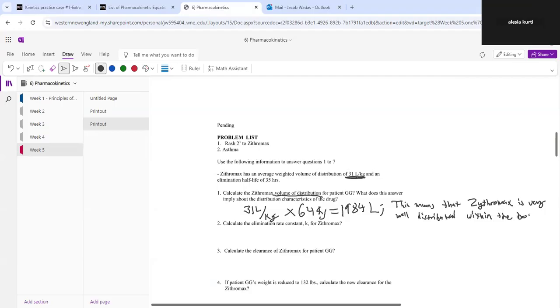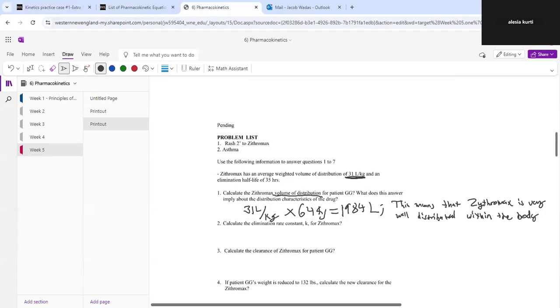Do you guys have any questions on this one? Question number one: what if it was like 104? It's still pretty good. I'm not sure if there's anything in the notes about what's considered well distributed, but he's asking more conceptually. The higher the volume of distribution, the more penetration the drug has within the body. If it's like 20 or 10, then it's bad.